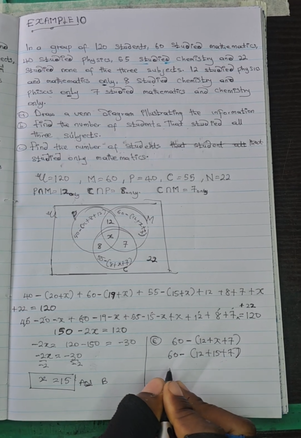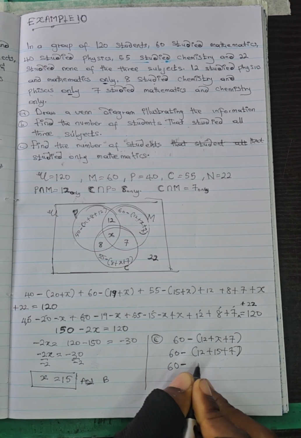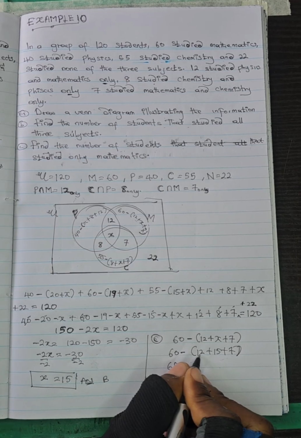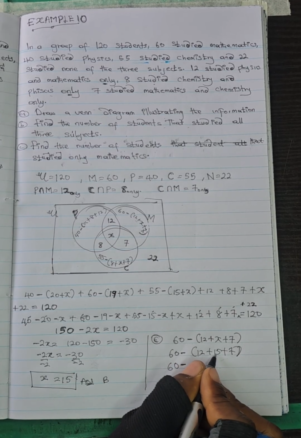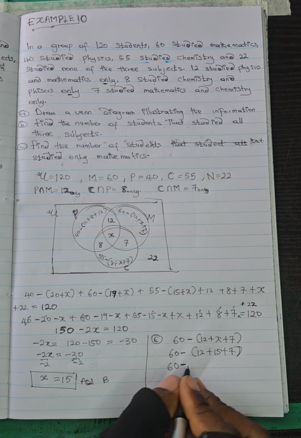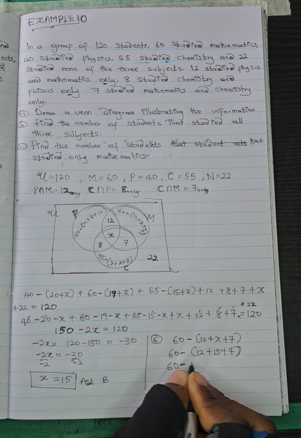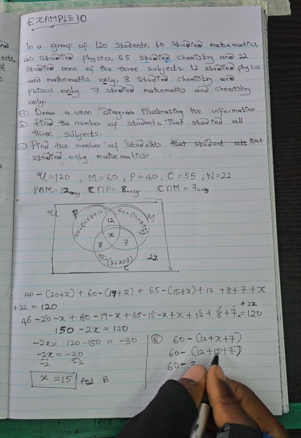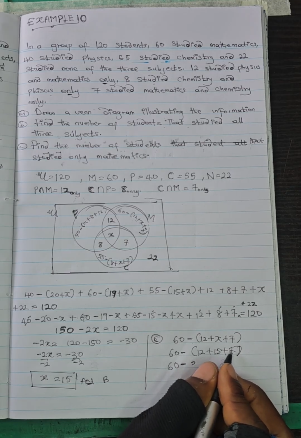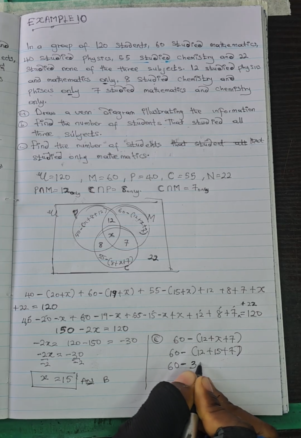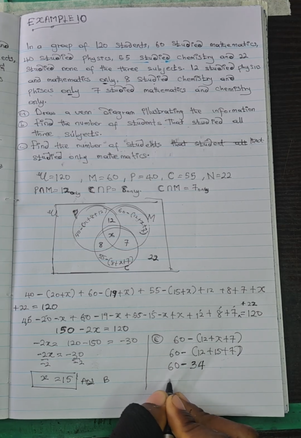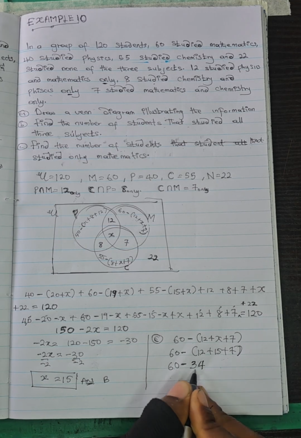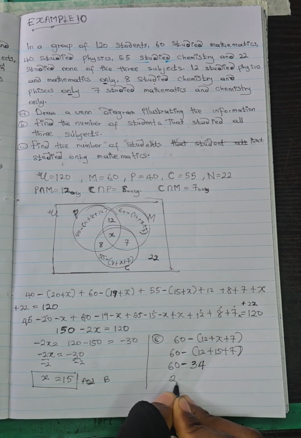So finally, we now have 60 minus 12 plus 15 is 27. 27 plus 7 is 34, sorry. So I have 34. So your final answer is 60 minus 34. It should give you 26.